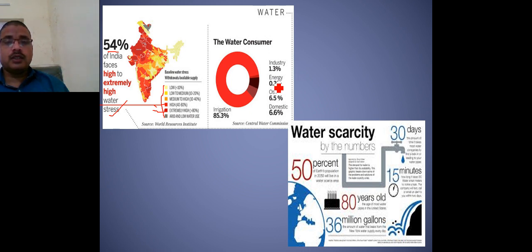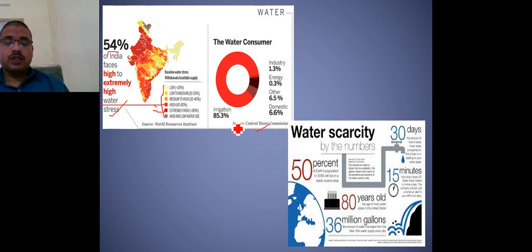Other is 6.5%, and domestic purposes, like what we use at home, is 6.6% of water. This data is from the Central Water Commission. This is not written by me. I have collected this data from different sources, and the source is the Central Water Commission, who has given this data.